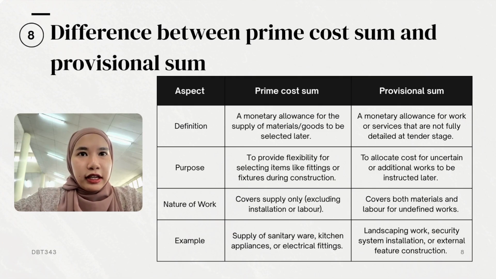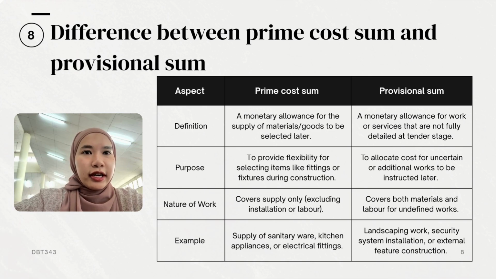On the other hand, a provisional sum is an estimated amount included in the contract for work that is not fully detailed or confirmed when the contract is made. This may include things like landscaping, external works, or additional drainage where the exact scope is still unclear. The provisional sum usually includes both the supply and the labor costs for completing the works.